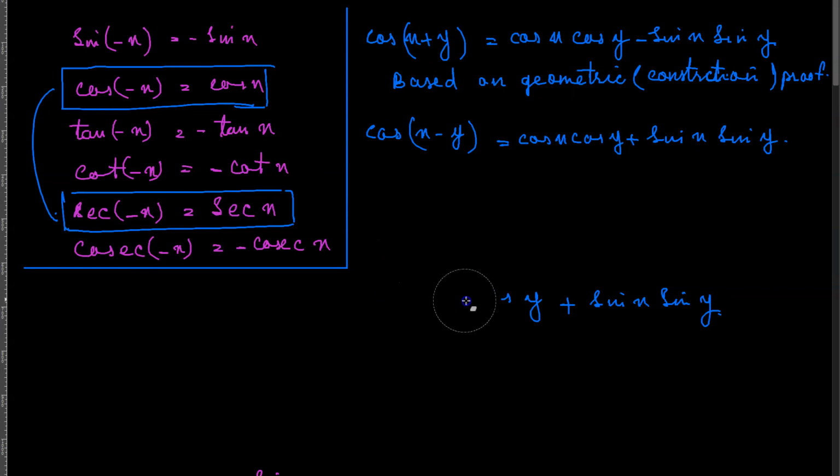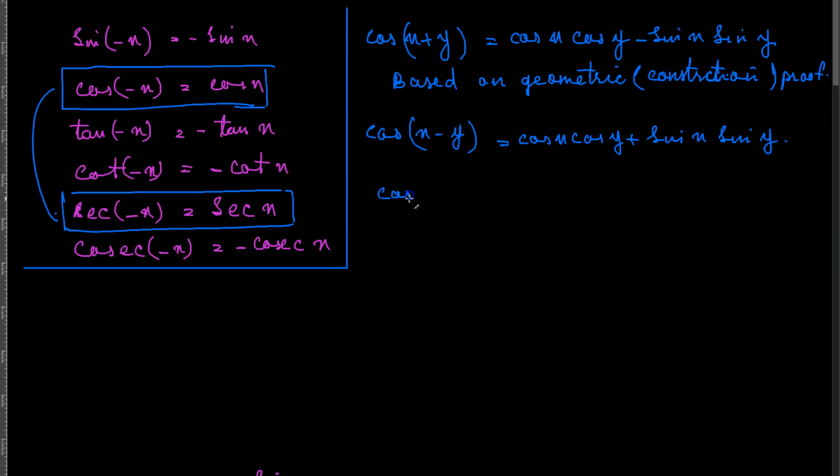Now there is a couple more things here that we need to discuss, and that is basically cos of, for example, pi by 2 minus x. We are going to need these in order to prove the next results.